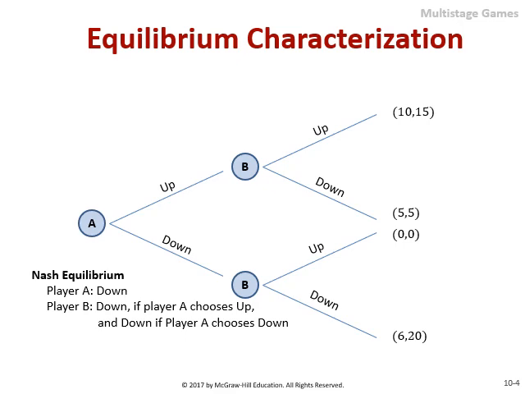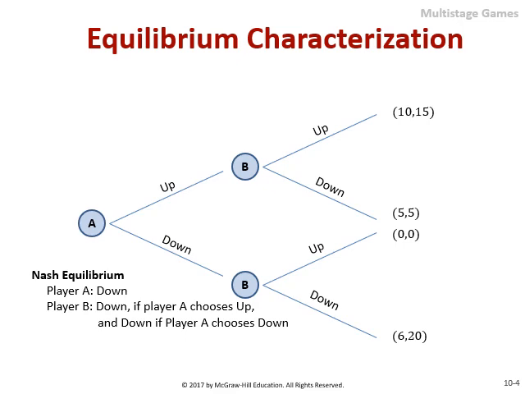The strategy for B is to play down. Return back to the extensive form of the game to see the payoffs represented in brackets, where the first number is the payoff for player A and the second number is the payoff for player B. When B plays down if A chooses up, player A will get a payoff of 5, because B is down and A is up.